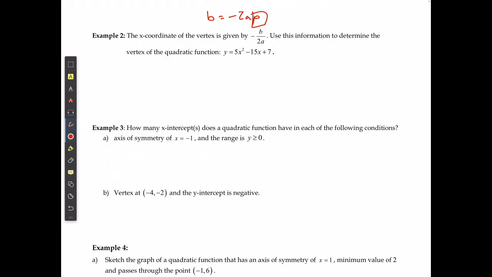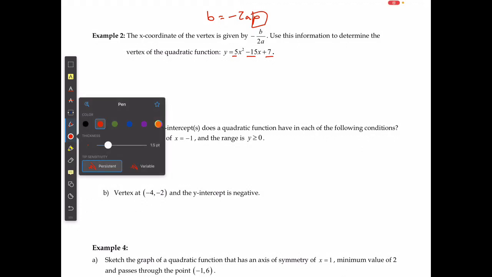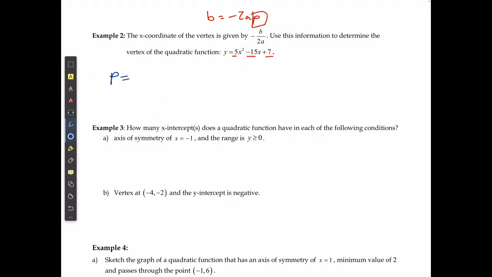If this is true, then in the quadratic function, y is equal to 5x squared minus 15x plus 7, I can say that p would be equal to negative of -15 over, in this case, 2 times 5, or 15 over 10, or 3 over 2.